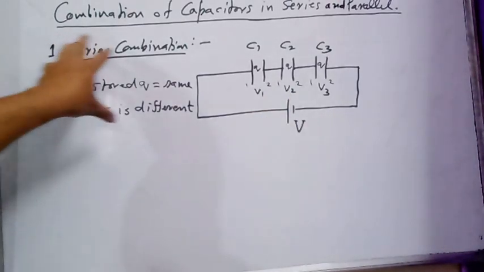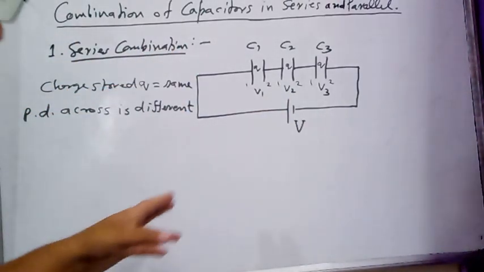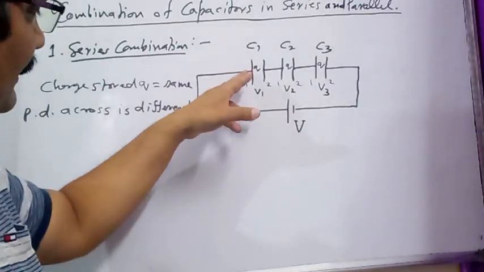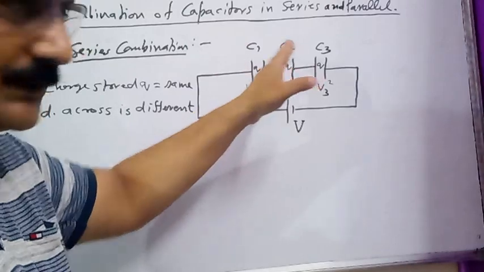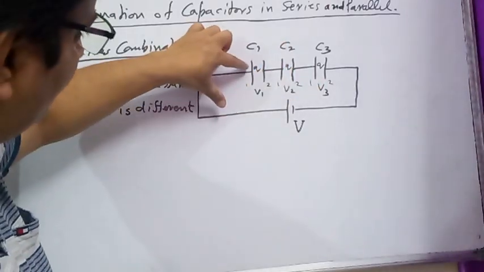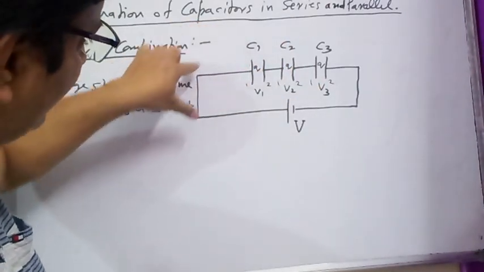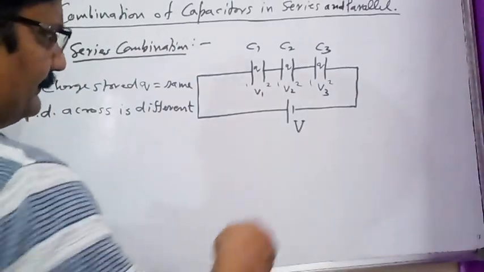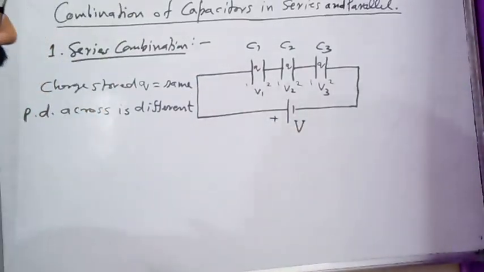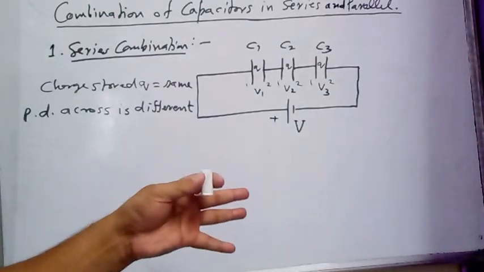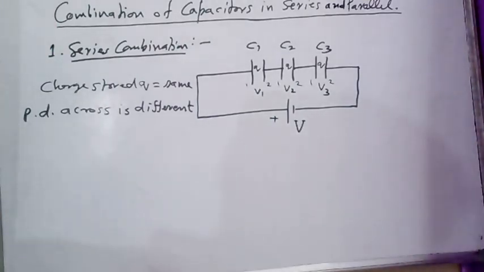First of all, see what is series combination of capacitors. Suppose three capacitors of capacitance C1, C2 and C3 are there. The first plate of the first capacitor is connected to the positive terminal of the cell or battery, which is going to supply the electrical energy to this combination.